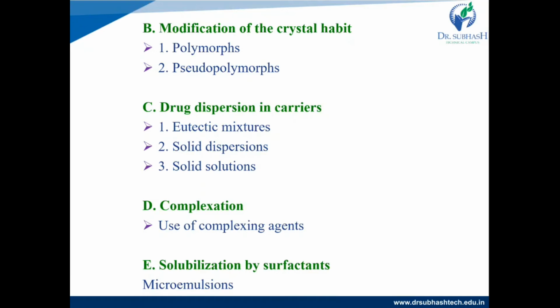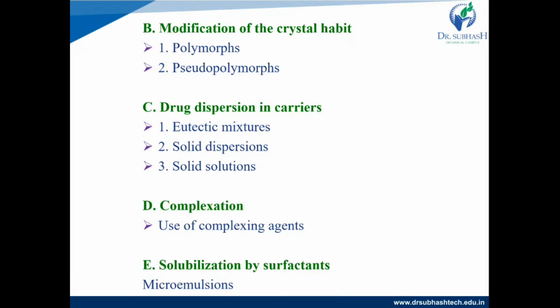Next one is solubilization by surfactant. Examples are microemulsion and self-emulsifying drug delivery system. Surfactants are used as absorption enhancers, and they also enhance the dissolution rate as well as the permeability of the drug. A surfactant reduces the interfacial tension and enhances the solubility or dissolution rate by promoting wetting and penetration of dissolution fluid into the solid drug particle.